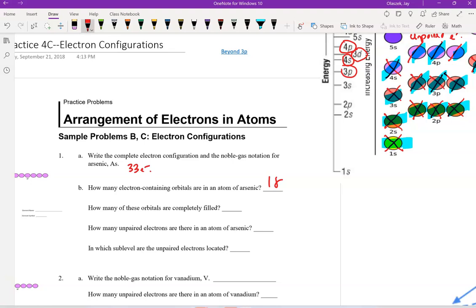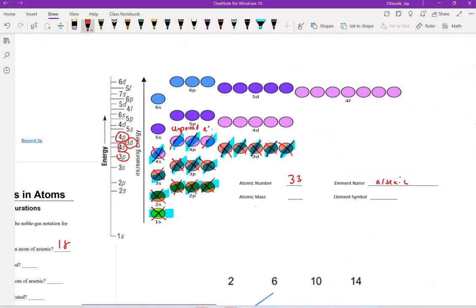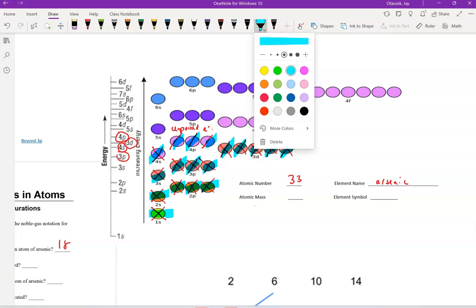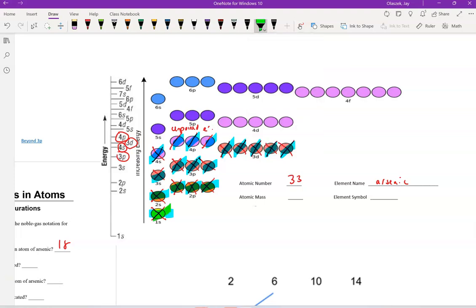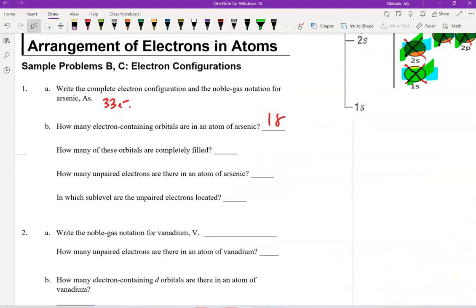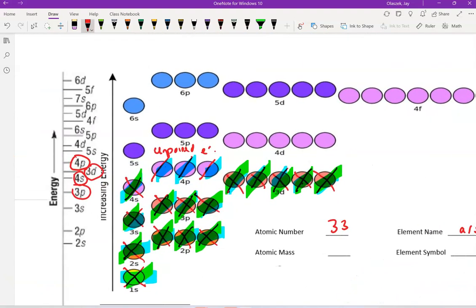Of these, how many of them are filled? How many of them have no more room for another electron? 1, 2, 3, 4, 5, 6, 7, 8, 9, 10, 11, 12, 13, 14, 15 of these orbitals are filled. 15.